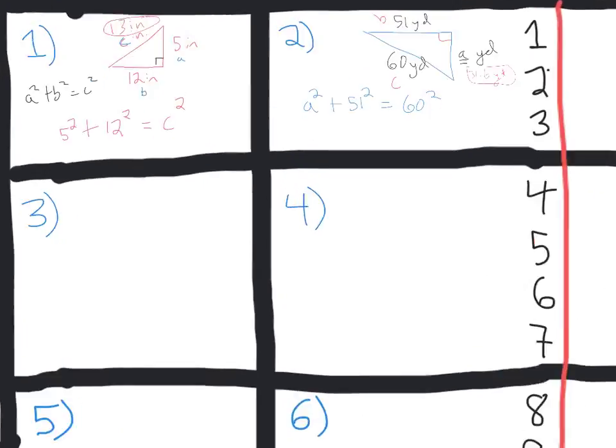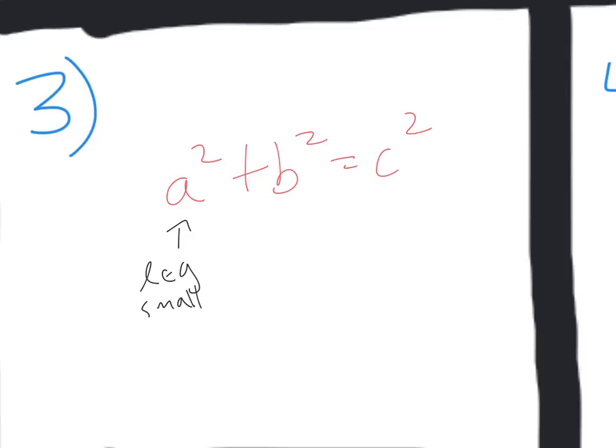Your b is another leg. And these are kind of interchangeable, doesn't really matter, since you're going to have two small legs. And then c is your hypotenuse. And that's your long side.